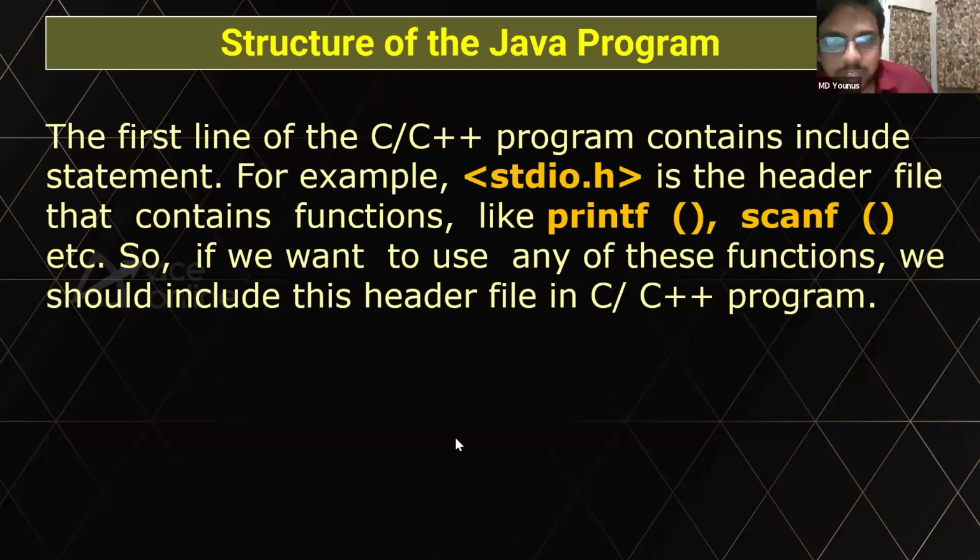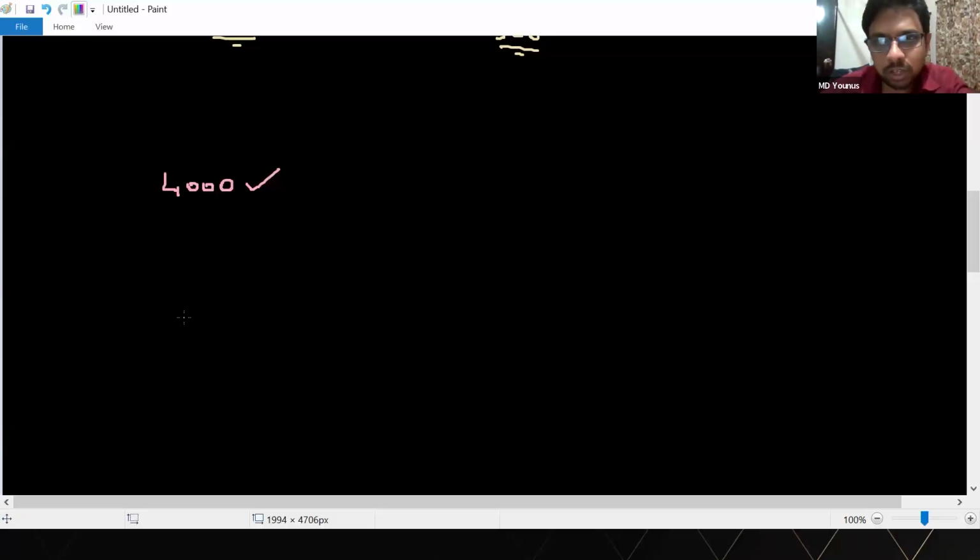Okay, the next question is, as some of you told, we also need to import the programs. Now my question: let's say printf and scanf are present in stdio.h, right?